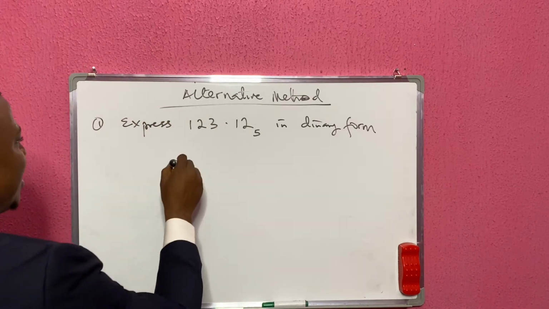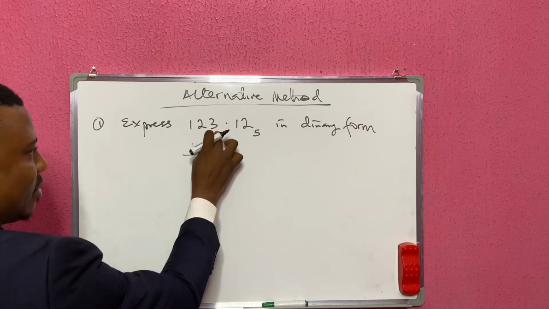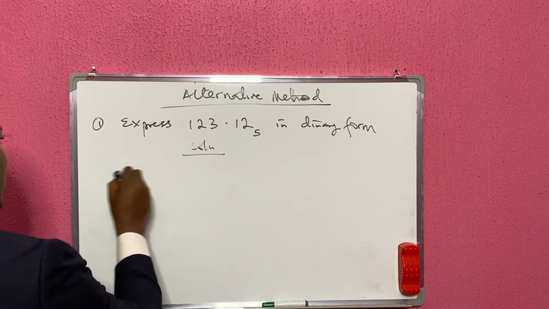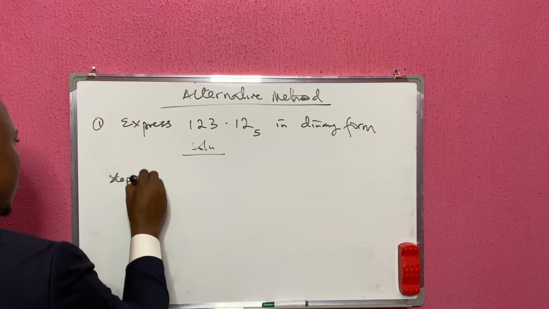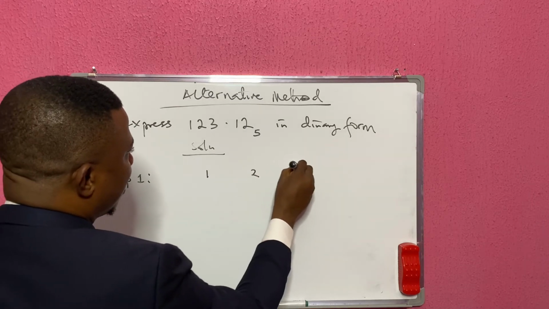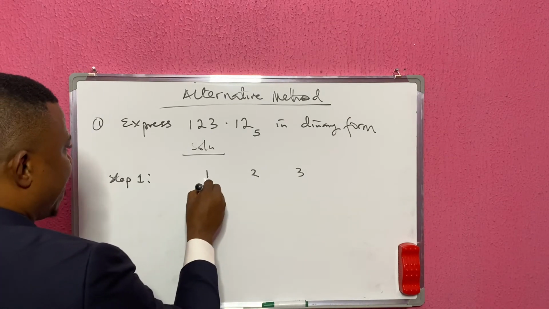You are going to write the first one, not the decimal part. The first part you write, step 1: 1, 2, 3, then 5.